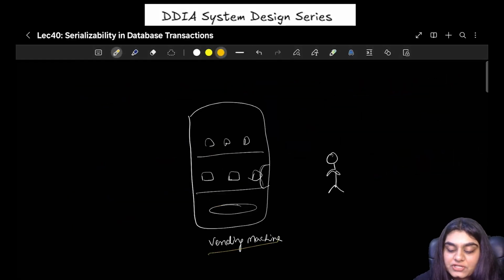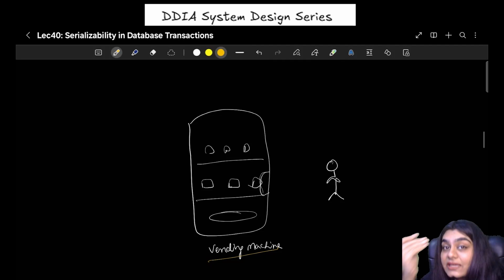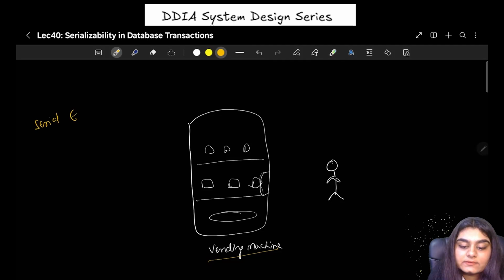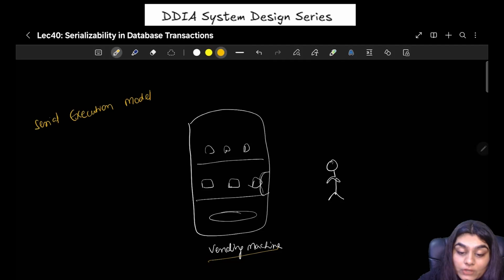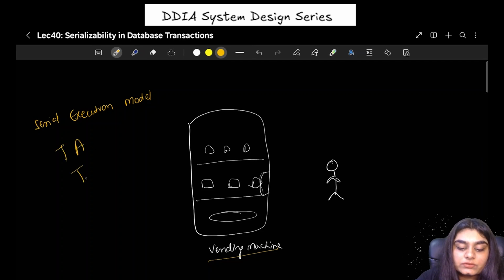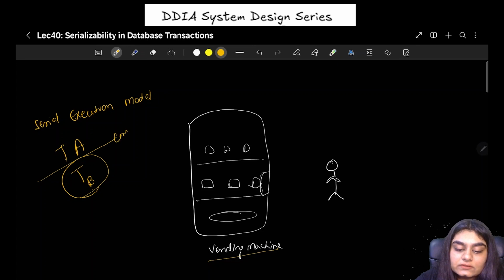There is one vending machine, and a single vending machine serves only one customer at a time. In the same way, a serial execution model processes transaction A fully and then starts with transaction B. Now, this guarantees consistency because no two transactions ever interfere.